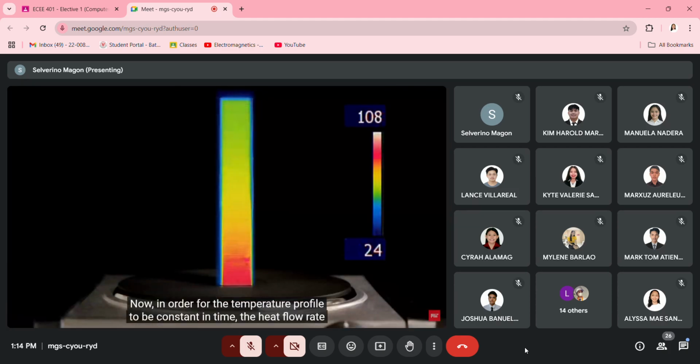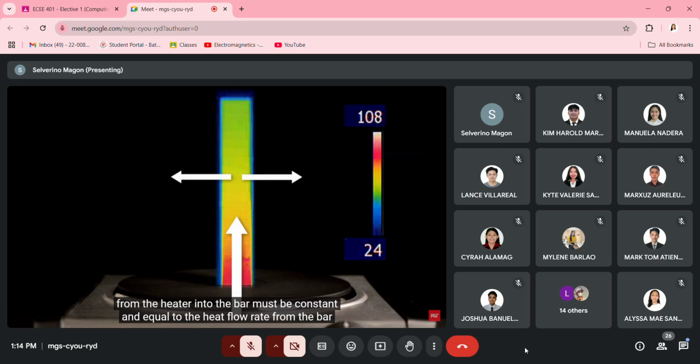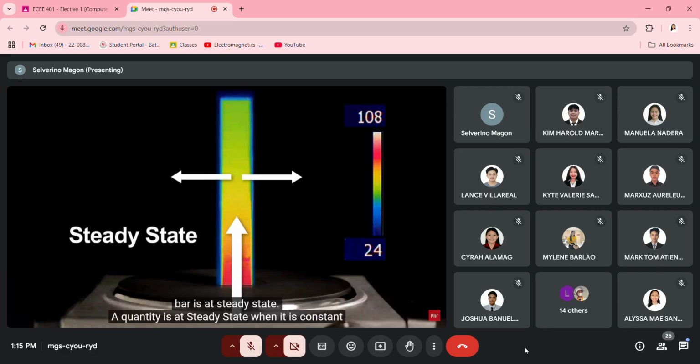Now, in order for the temperature profile to be constant in time, the heat flow rate from the heater into the bar must be constant and equal to the heat flow rate from the bar to the room. We could use a new term to describe these conditions. We could say that the bar is at steady state.